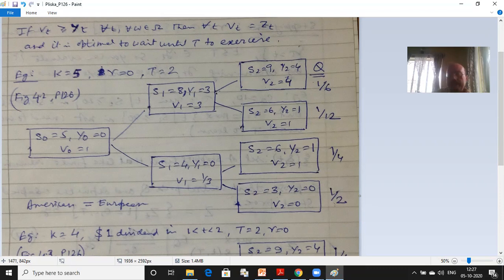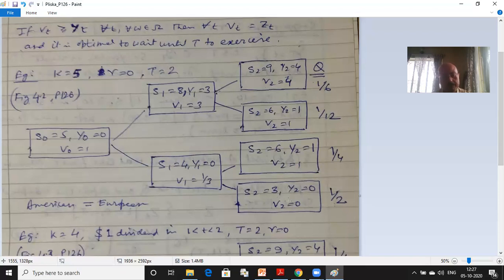If I am at 6, Y2 is 1, V2 is also 1. If I am at 3, then you have to see that Y2 is 0, V2 is 0, because it is less than 5, so my option is worthless. So the last node is very easy to evaluate because all uncertainty has been realized.